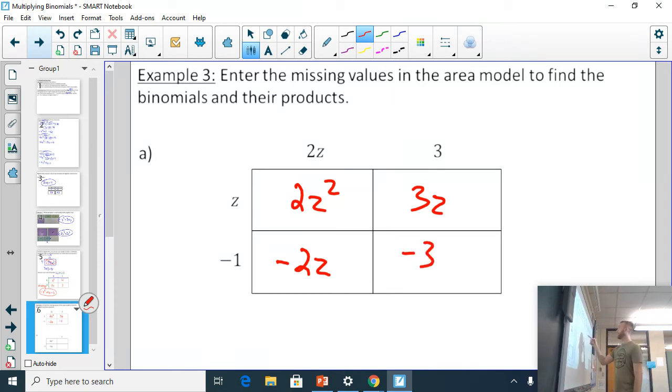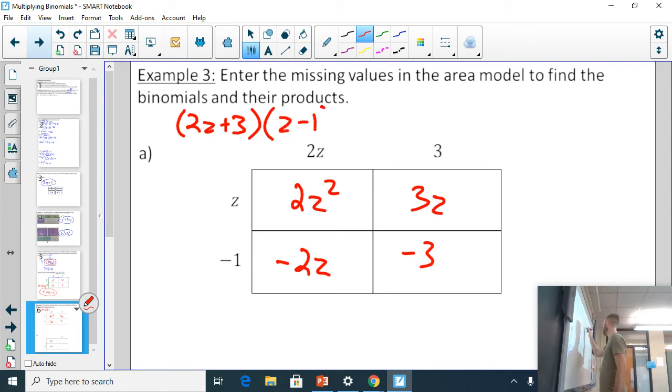And then what that tells us is that 2z plus 3, what we have on the top there, multiplied by, because we're doing an area, z minus 1 is going to equal this area, which is 2z squared. And then notice we have a 3z and a minus 2z, which is going to end up to just be plus 1z or plus z. And then at the end, we have a negative 3.